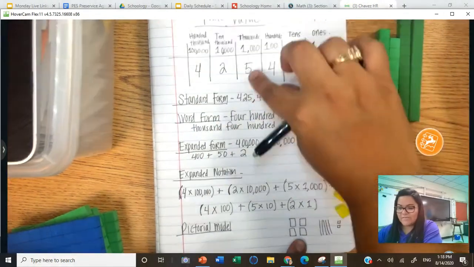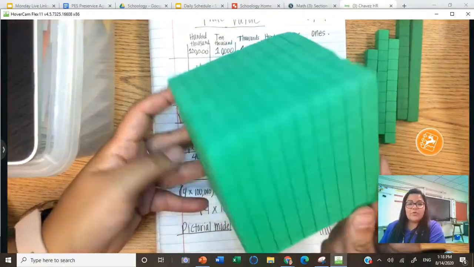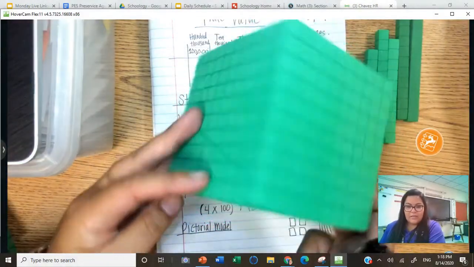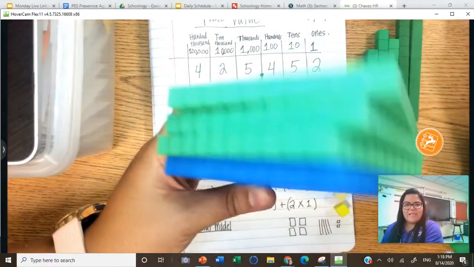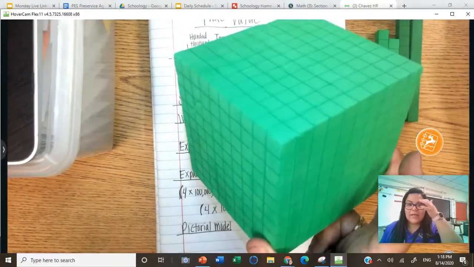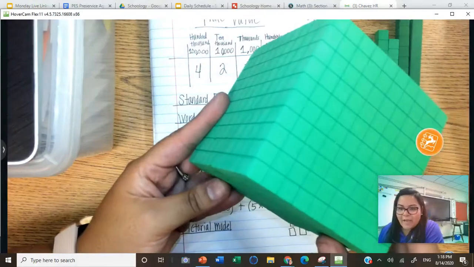The next one is 5 thousands. And the thousands look like this huge block. Okay. Why does it look like a huge block? Well, because there is 10 of these and 1 of these, right? And you all learned that in 2nd grade. So I don't have 5 of these.